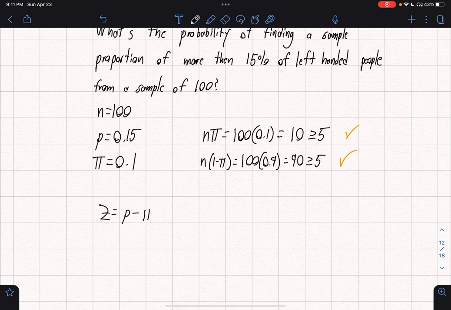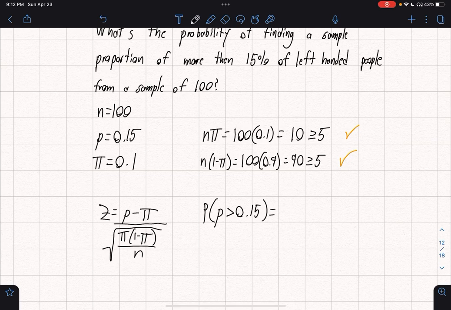All right, so let's recall our formula for z. It is P minus pi, over the square root of pi times 1 minus pi over n. We are asked the probability that our sample proportion P is bigger than 0.15. So let's convert this to a z.